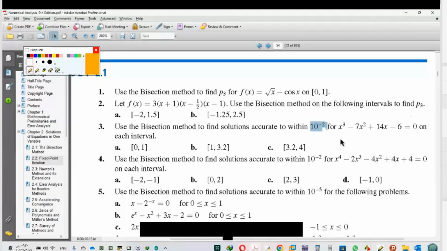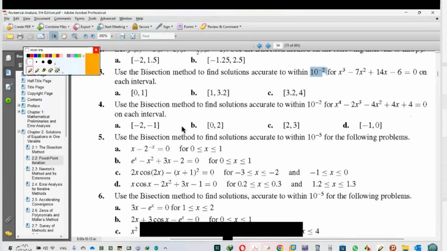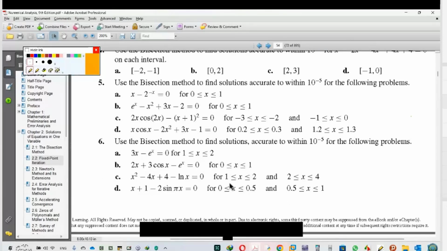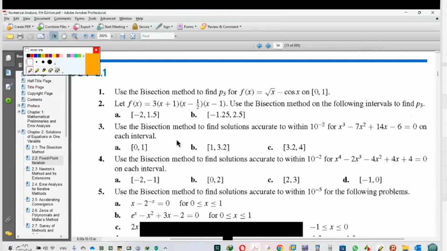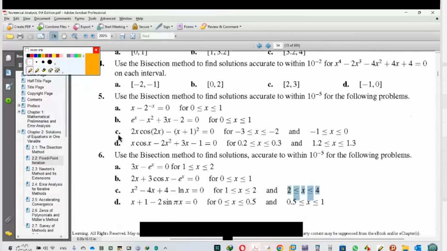Here you have to calculate the relative error as I explained during the lecture. So take care about this. Here we have many questions you can solve. For example, for this formula here, you have two questions. This is the first question, and this is the second question. So in the exam you are responsible for 1, 2, 3, 4, 5, 6. Try to solve and give me the answer.